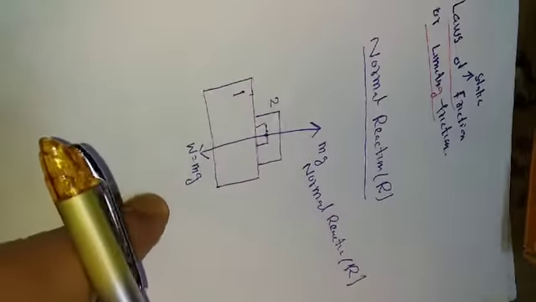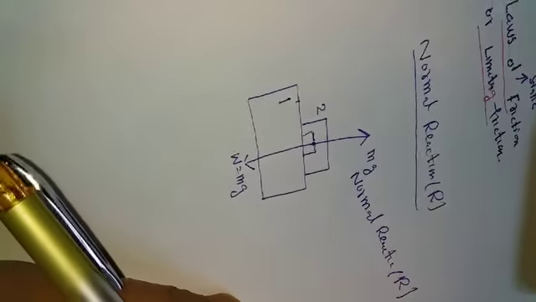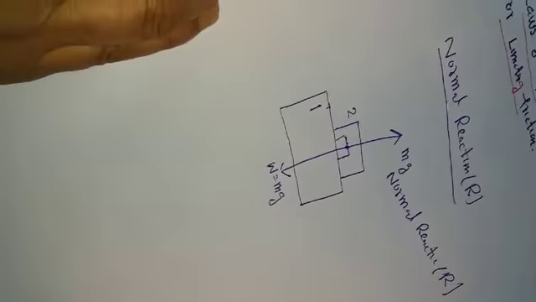If we have to define a normal reaction, why is it called normal? Because it makes an angle of 90 degrees.